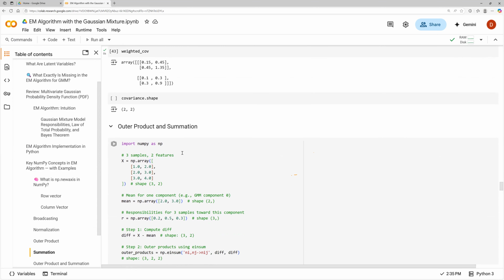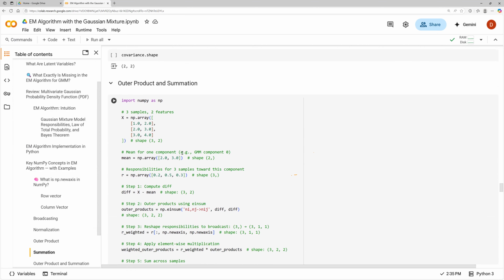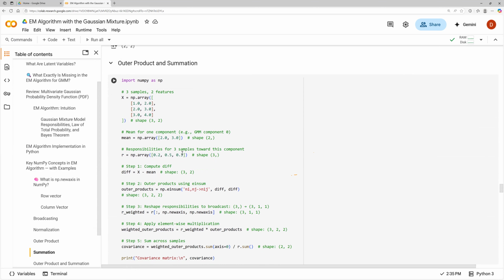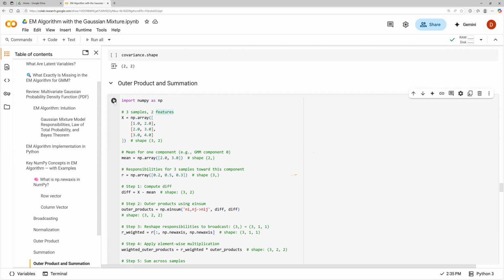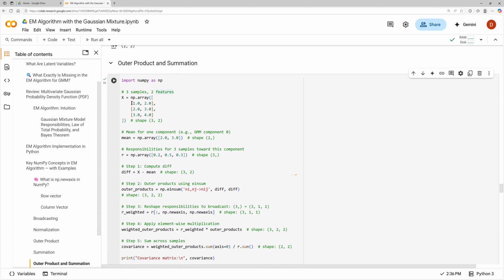So here's another example of outer product and summation, right? Just a step-by-step, again, to review what we've just done. We've got 3 samples, 1, 2, 3, 2 features, 1, 2. Okay, so the shape of this will be 3, 2. We've got a mean component, right? Remember, we have to initialize before we run the EM algorithm because we don't know where to start.